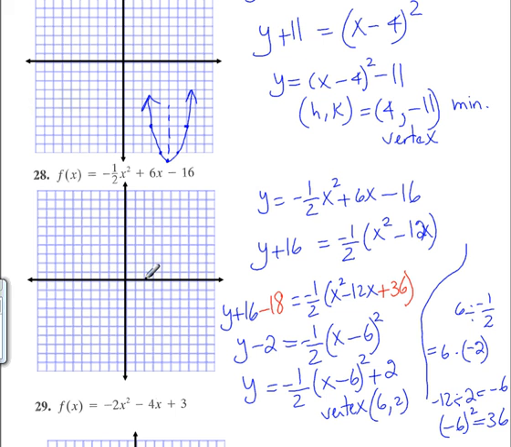So you go to 6, 2, and there is a vertical shrink by 1/2. So instead of going 1, 1, you're going to do 1, 1/2. Instead of 2, 4, you're going to go 2, 2. But remember, you're doing everything upside down because of the negative.